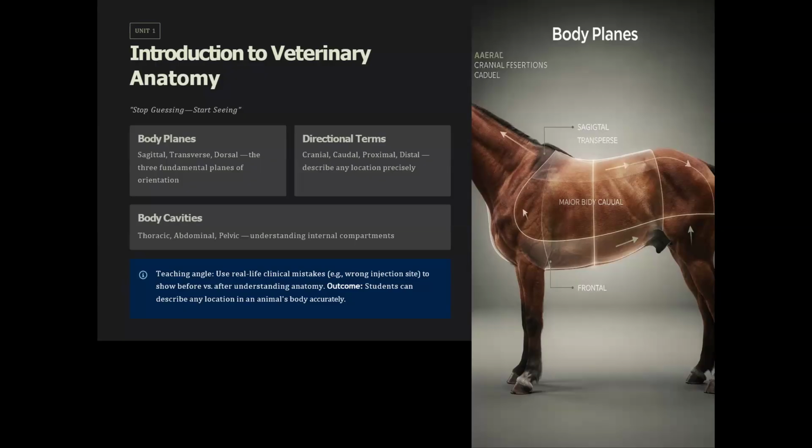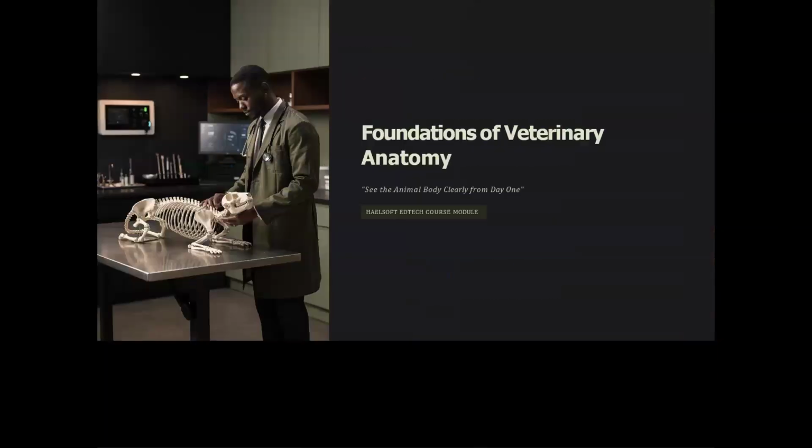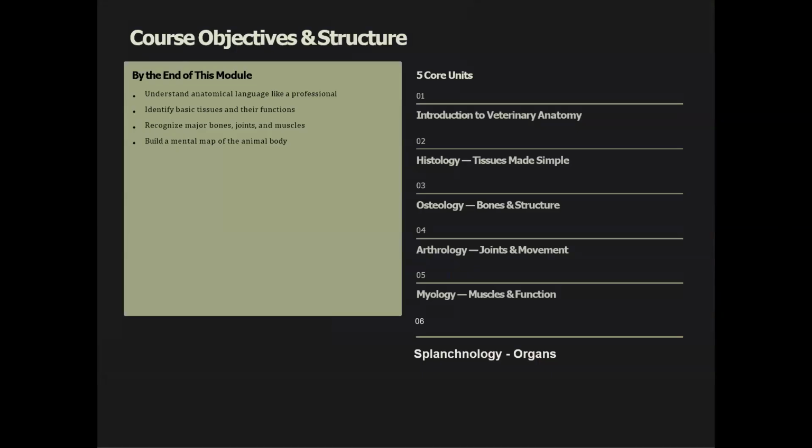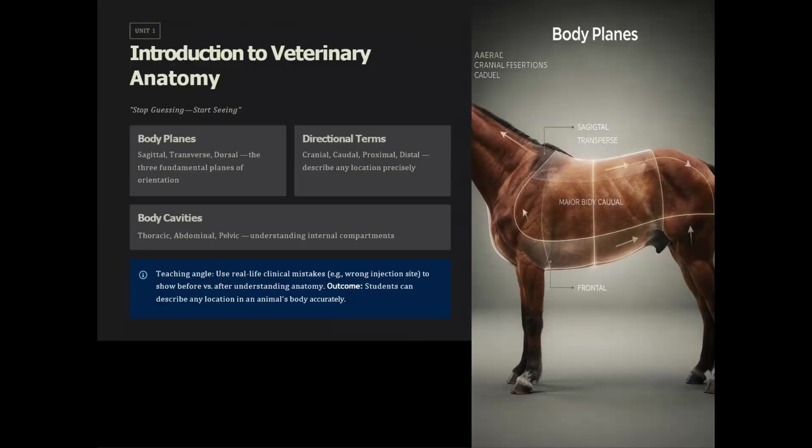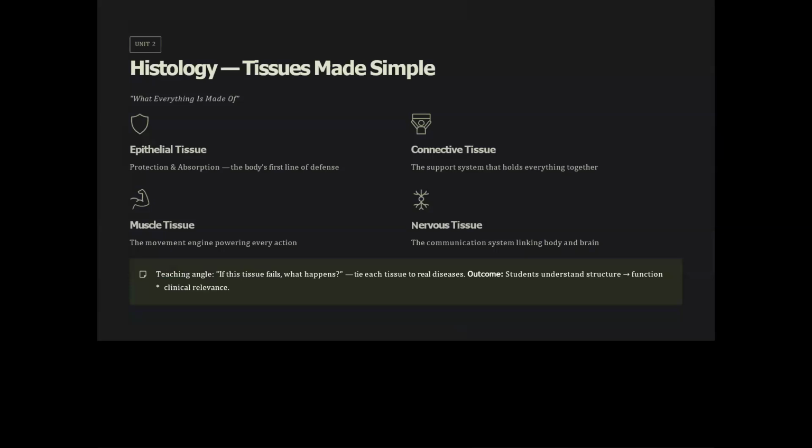Then I'm not going to spend too much time on this topic, because today was to introduce the foundation of veterinary anatomy and also list out the 6 core units that we're going to be taking, then go a little bit deep into body planes, directional terms, and body cavity. On our next video, we are going to start going deeper into every other key aspect, though not really deep, as this is just introducing the course.